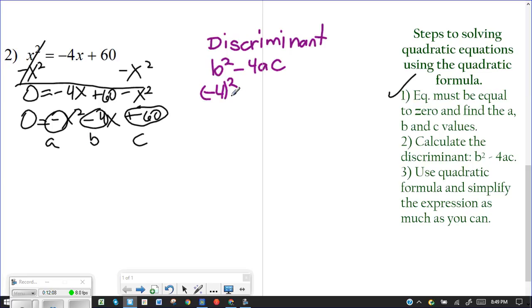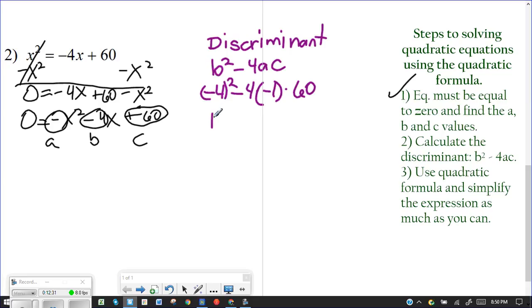Minus 4 multiplied by the A value. A value is negative 1. Because it's negative, you must put in parentheses. Times the C value. C value is 16. Now let's evaluate it. Negative 4 squared, that means negative 4 times negative 4.